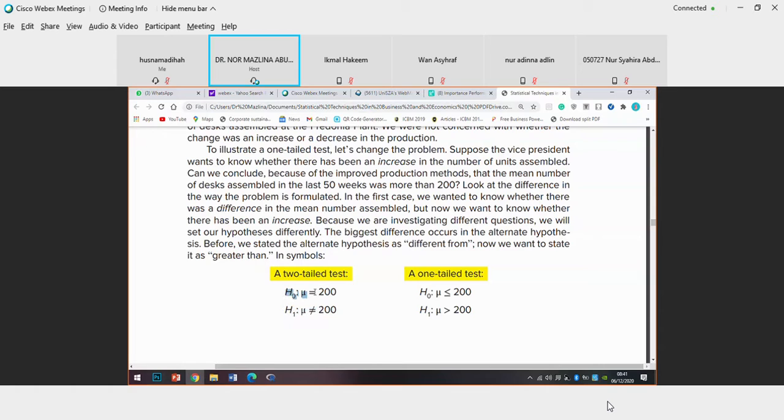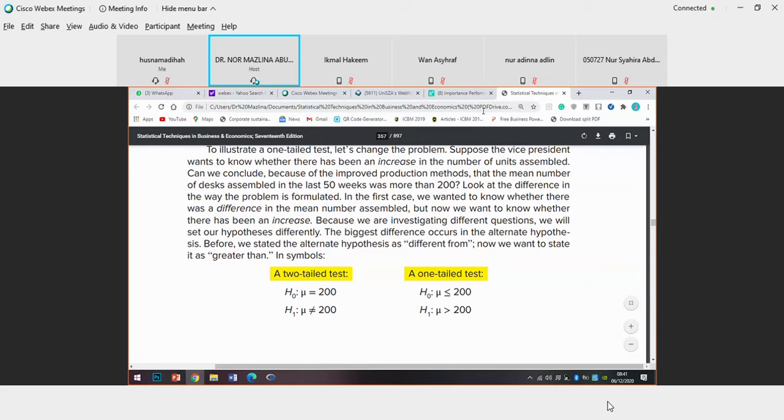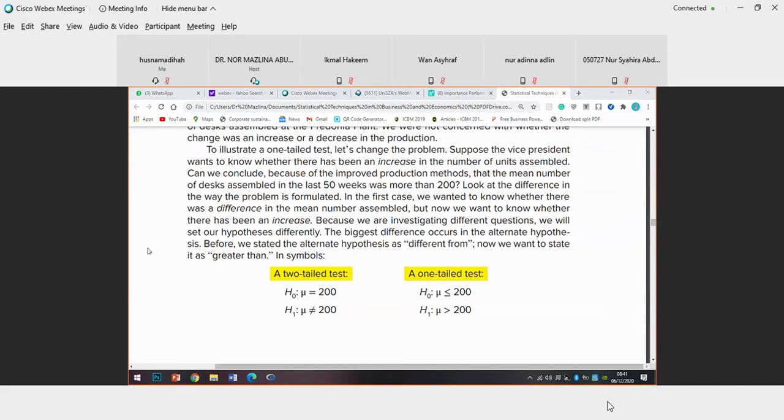So your H0 is mu is 200. Remember we got the X bar? Wait, let me take a pen. We got X bar of 203.5 or something. The data you found: the mean number produced per week is 203.5.